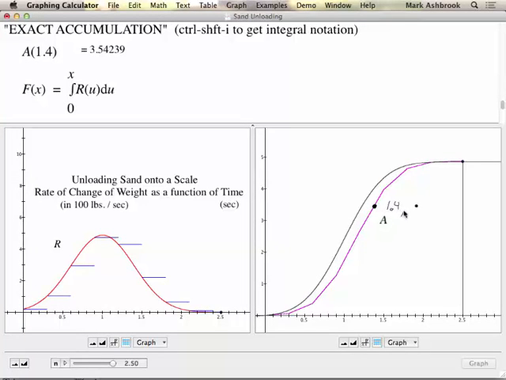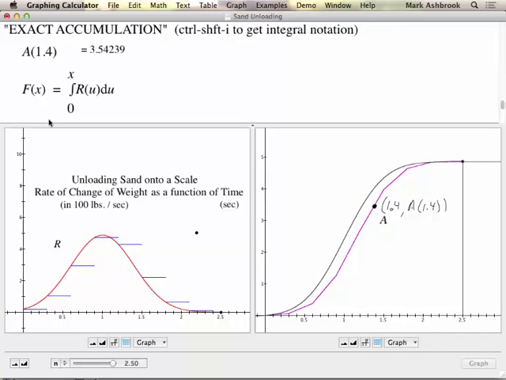So that point, 1.4 seconds, and the total accumulated weight, approximate, at 1.4 seconds. That's what that point means, right? At 1.4 seconds, A of 1.4 is the total approximated accumulation of weight at that moment. 3.54, that's what we got. Overestimate or underestimate?